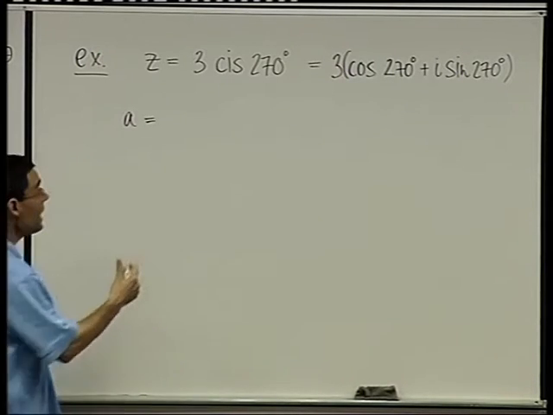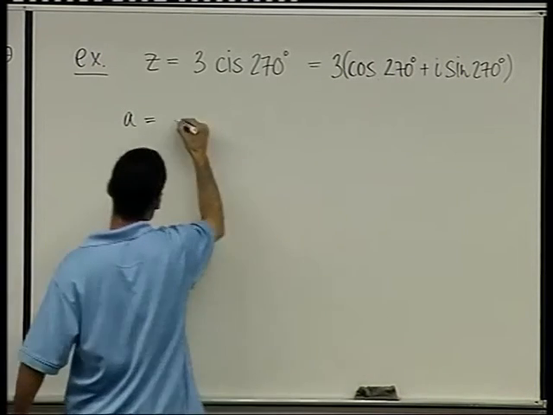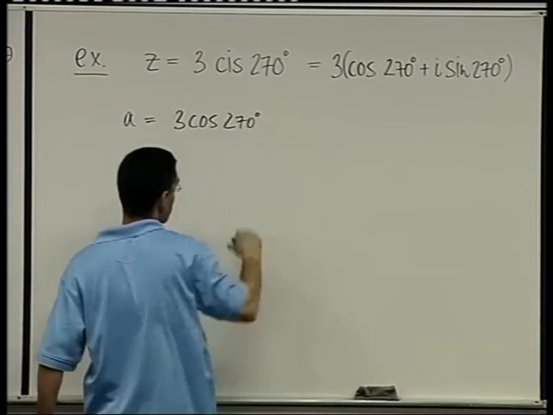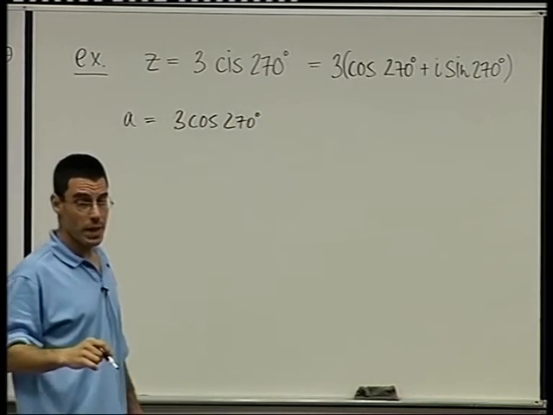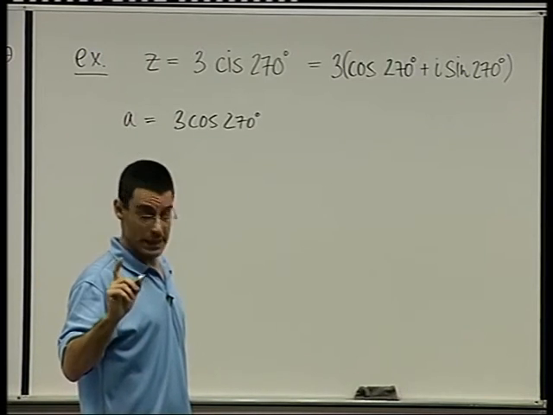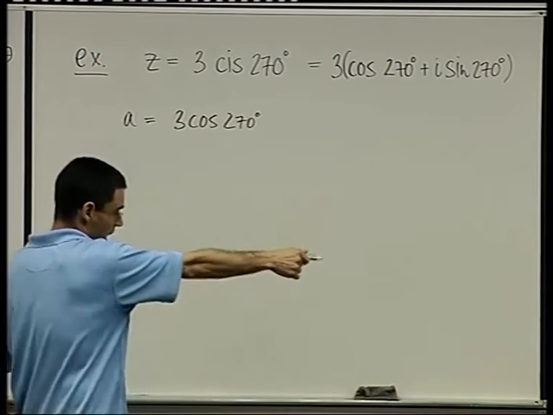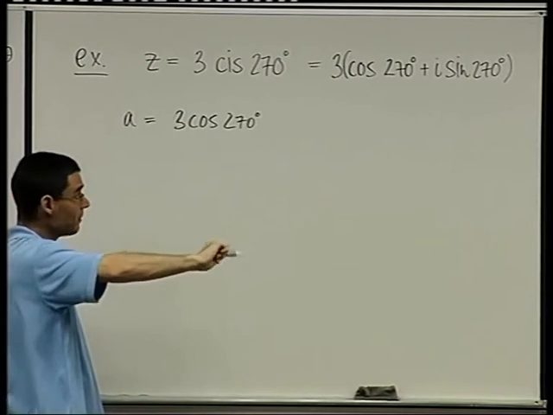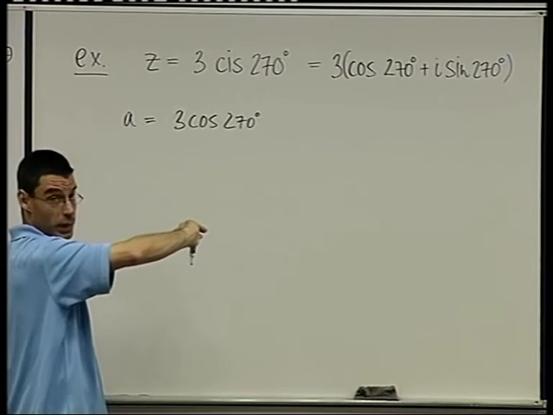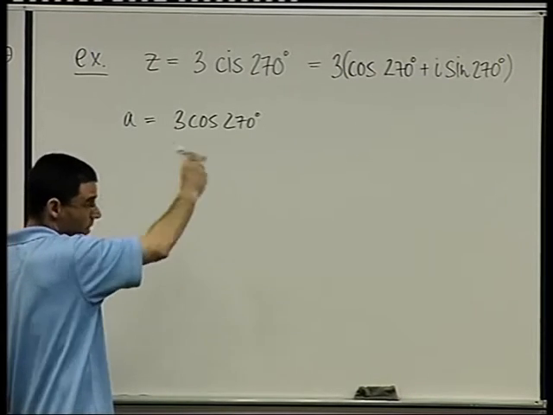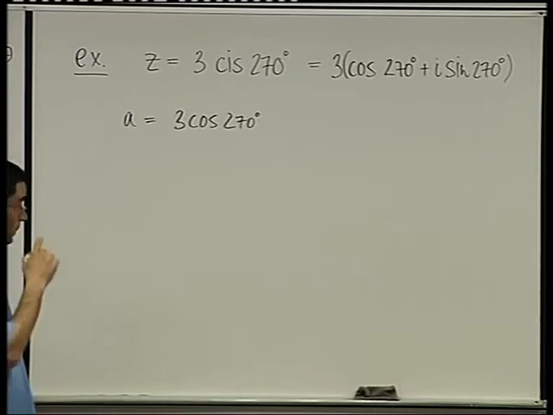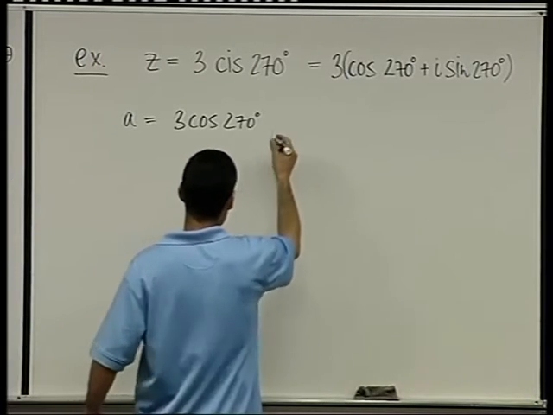So what is a? a is 3 cosine of 270. What is 270 degrees in radians, by the way? Yes. The entire circle is 2 pi. 270 is going 3/4 of the way, so it's 3/4 of 2 pi, or 3 pi over 2.